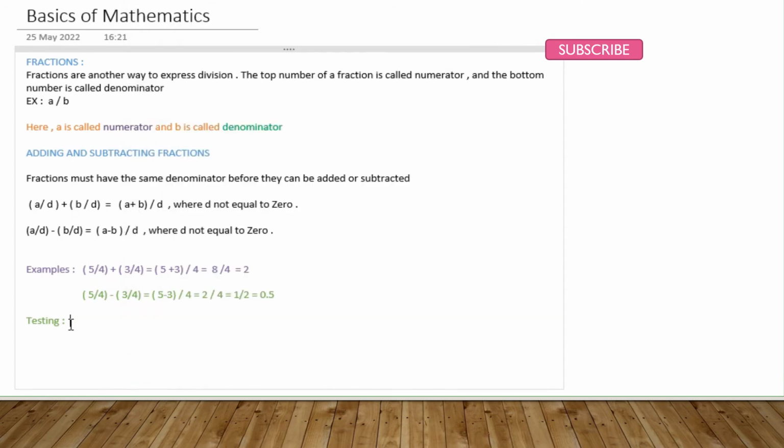For example, I am giving this for you: 3 divided by 4 plus 5 divided by 6. Can we add it? Can we add? Tell me.